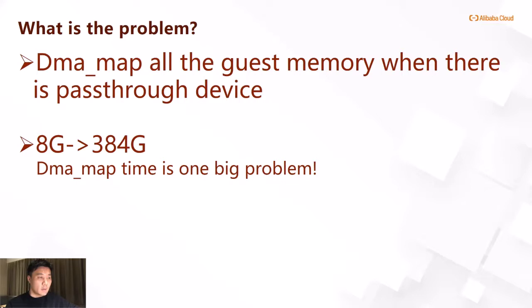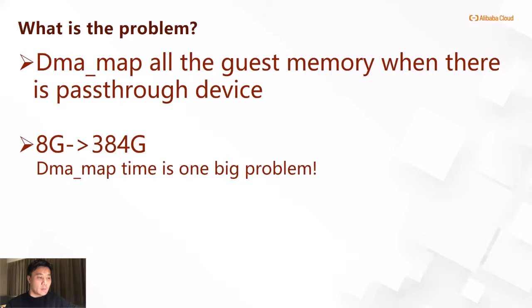So, what's the problem? As you know, we need to DMA map all the guest memory when there is a pass-through device, since the device might DMA to the whole guest memory, and the memory cannot be swapped, which is the DMA target. But we don't know what memory is the DMA target. So one simple solution is to pin map all the guest memory.